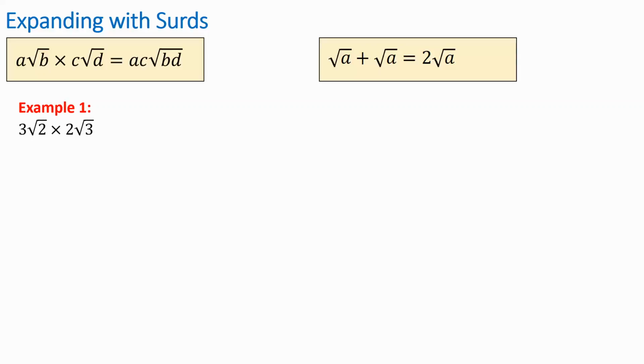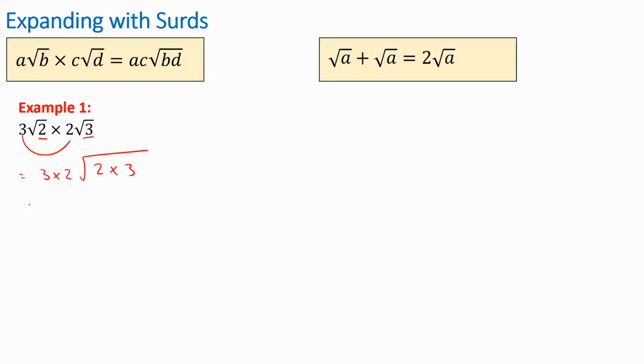Okay, so in this example here, when you're multiplying surds, see here I've got 3 root 2 times 2 root 3. Numbers with numbers, surds with surds. So if I were to multiply this, I would say 3 times the 2 is the numbers with numbers. In the surds, I've got 2 and the 3 here, so that's 2 times 3. So surds with surds, numbers with numbers.